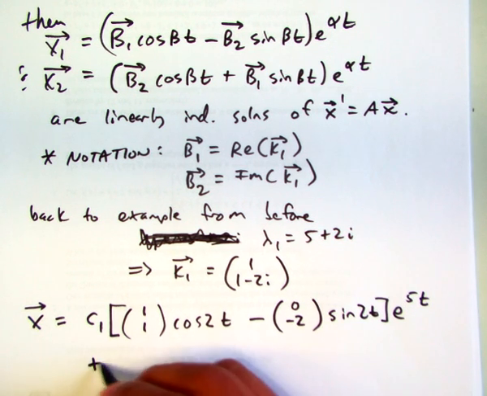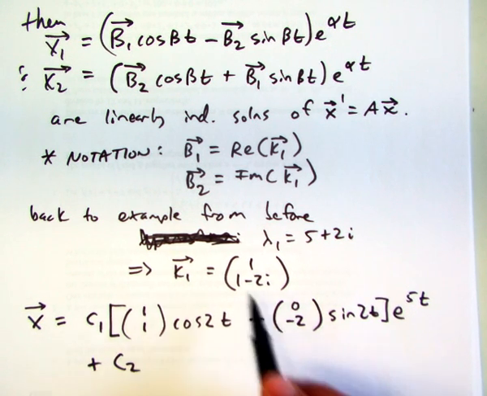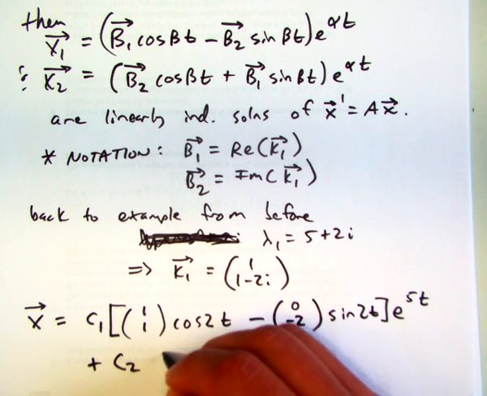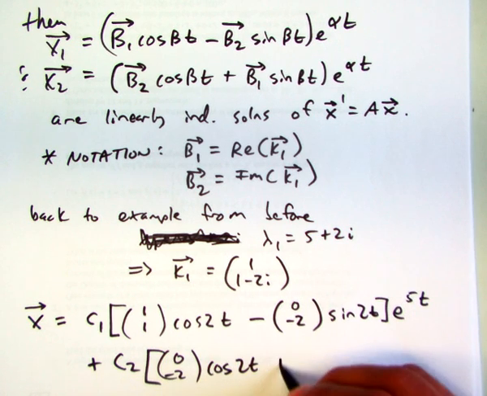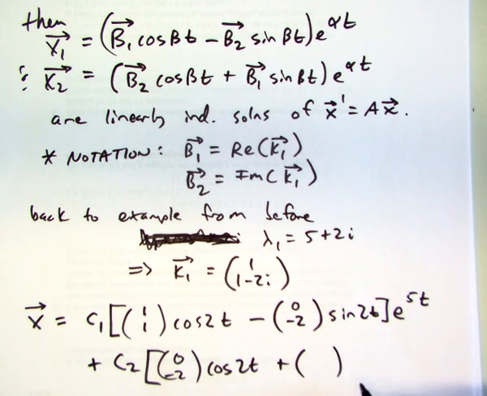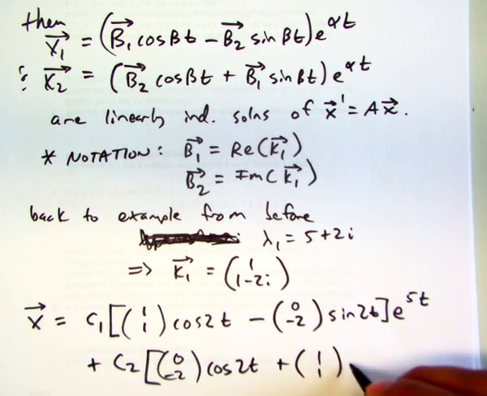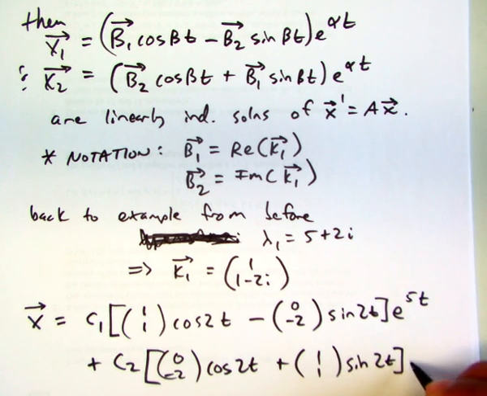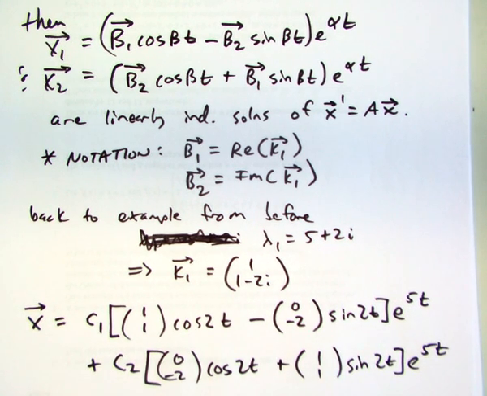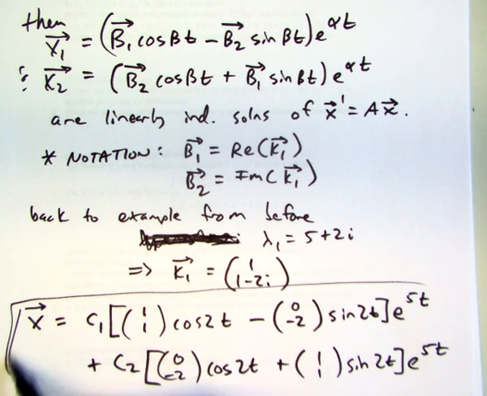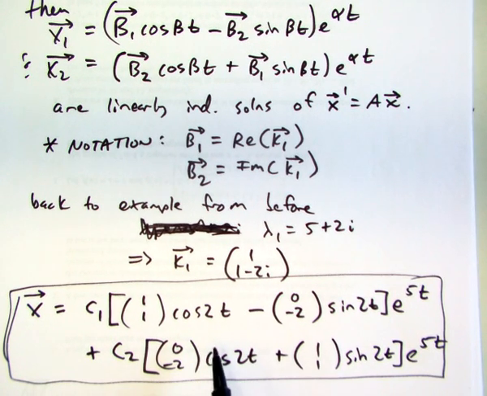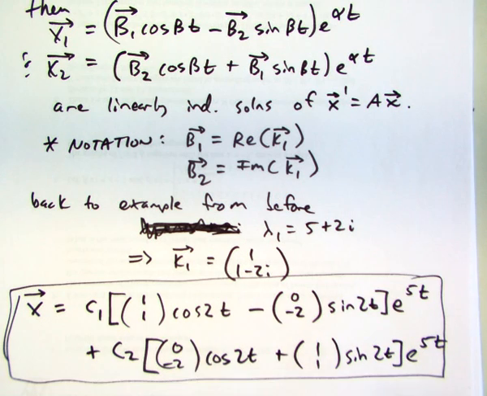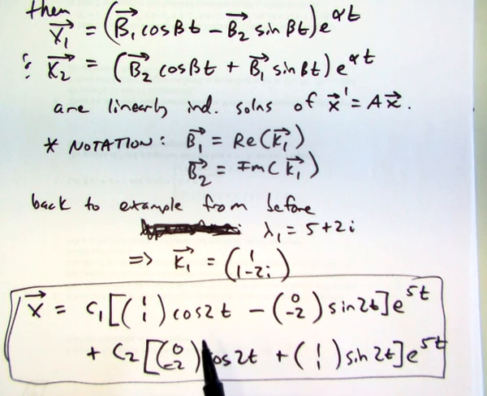And now we do C2, and then we follow this pattern. b2 is 0, negative 2. Cosine 2t plus b1, which was 1, 1. Sine 2t, e to the 5t. So here is our final solution. This solution is the solution to the example that we started with, but now this has no imaginary portion to it at all.